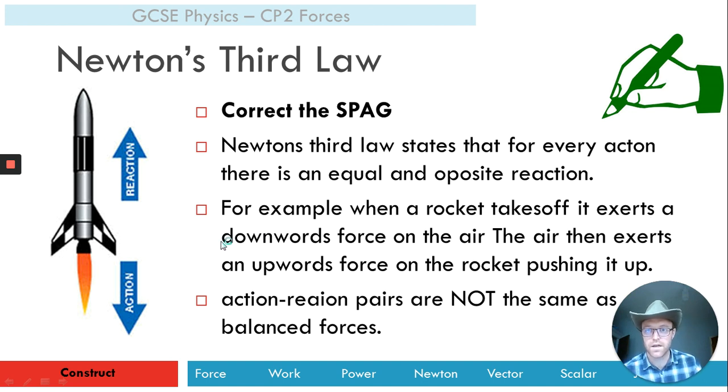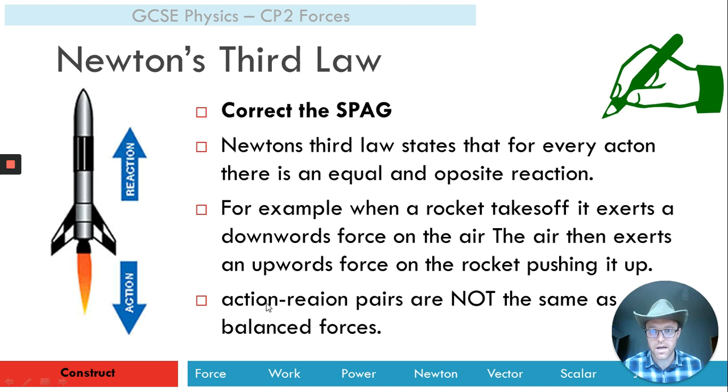It exerts a downwards force. That doesn't look right. Downwards is spelled with an A, not an O, D-O-W-N-W-A-R-D-S. Force on the air. There should be a full stop here after air. The air then exerts an upwards, again, this should be an A here, U-P-W-A-R-D-S, force on the rocket, pushing it up.